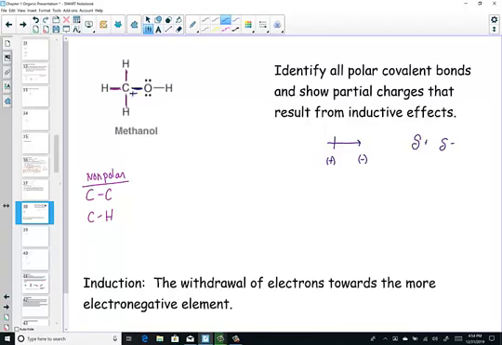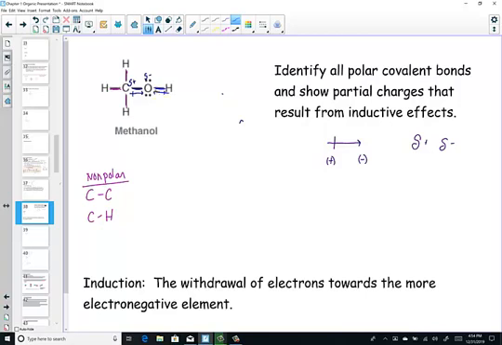And so the bond polarity is pulling the electron density towards the oxygen, leaving the carbon electron deficient with a partial positive charge, and the oxygen as electron rich, giving it a partial negative charge. And there's also a polar bond between the hydrogen and the oxygen.